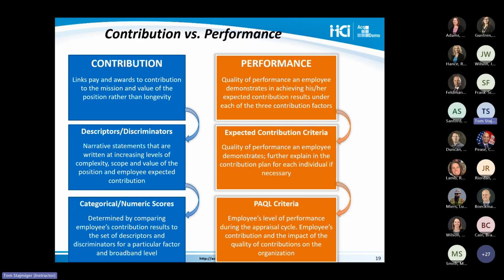If Congress awards something and the president signs off on something, they're going to get it. Then the other one is another pay increase opportunity, similar to the old step increase kind of money. And then the other one is the one-time cash awards to be given out. And that's what the categorical and numerical scores and rank ordering, all that stuff, is about.